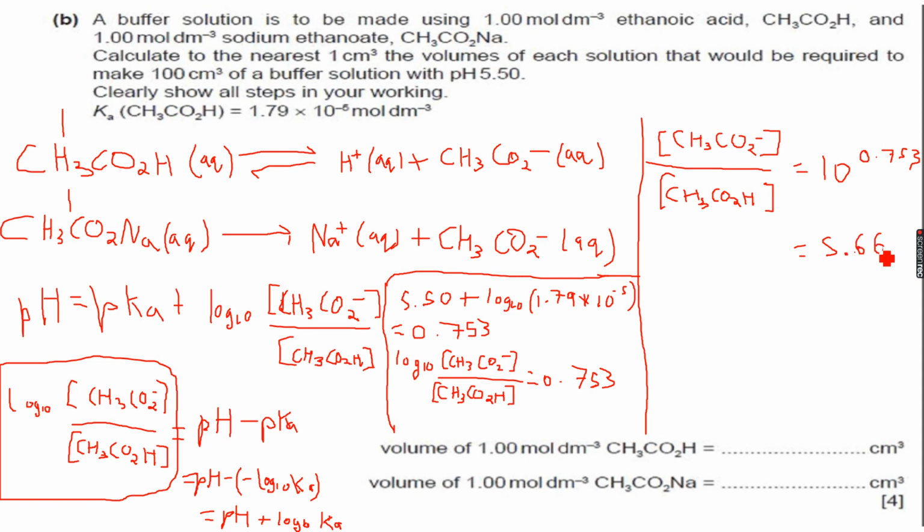So I can write that the concentration of ethanoate ions is equal to 5.66 times the concentration of ethanoic acid. So this is the relation that I can derive.